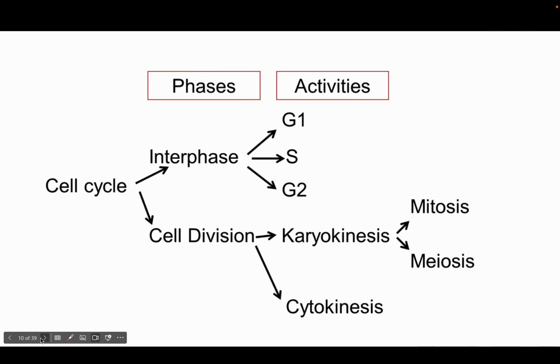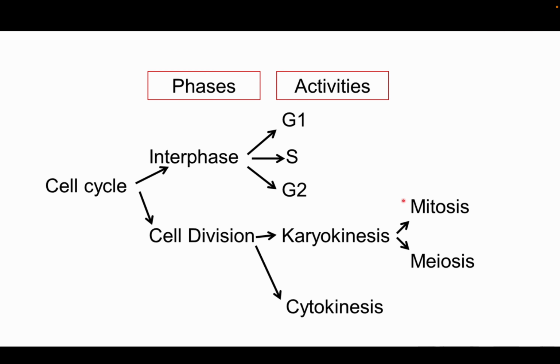So aside from mitotic division, which is what we're going to focus on today, there's another type of cell division that happens in cells that are gametogenic, or cells that are intended for reproduction, the sperm and the egg, and that is called meiosis. For bodily cells, called somatic cells, mitosis is the appropriate term.